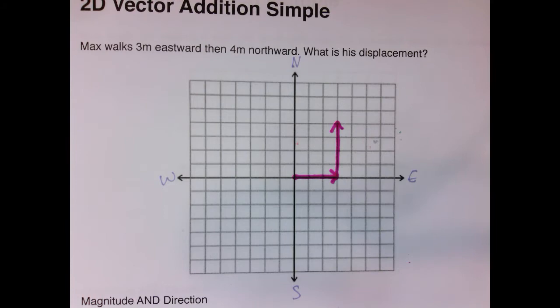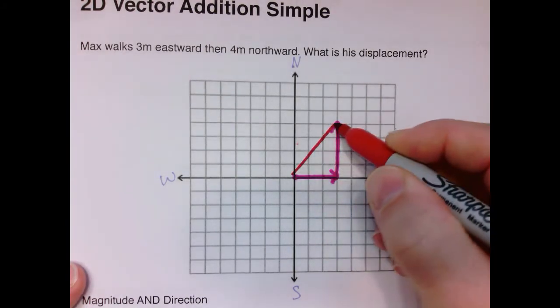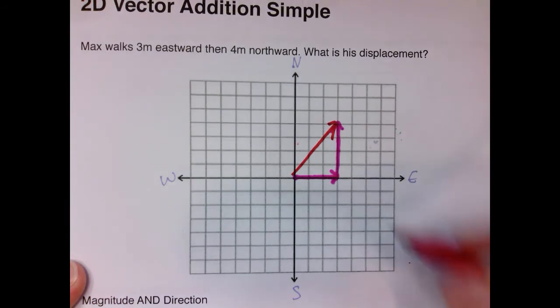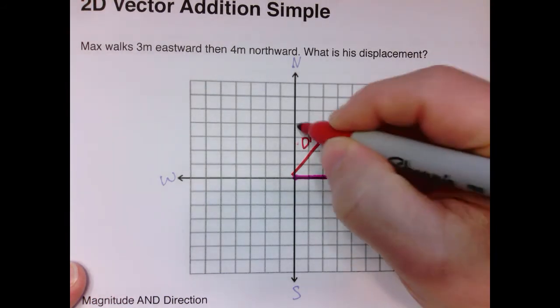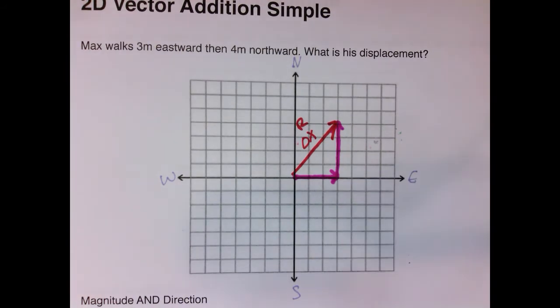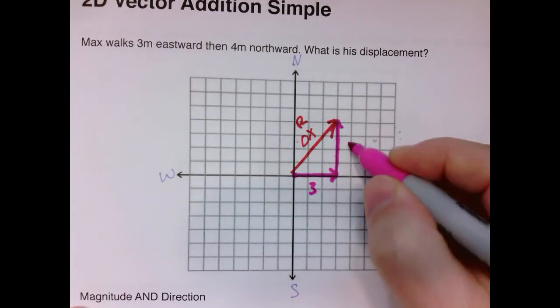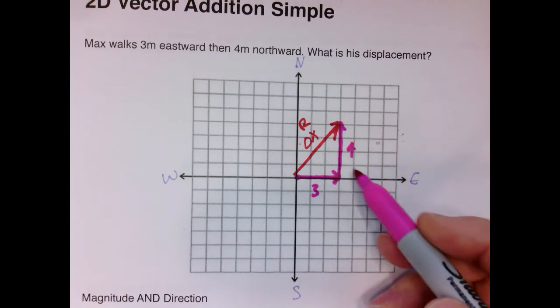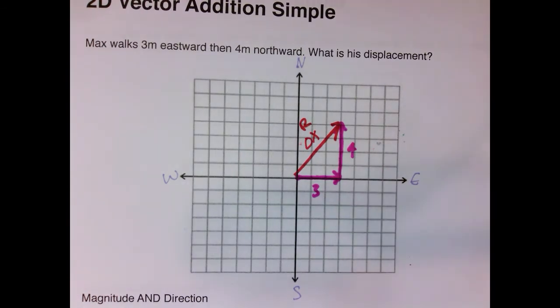What is his displacement? Well, his displacement is the very beginning to the very end, delta x, which is the resultant. Now, recognizing that this is 3 and this is 4, we can very easily recognize this as a 3, 4, 5 triangle.